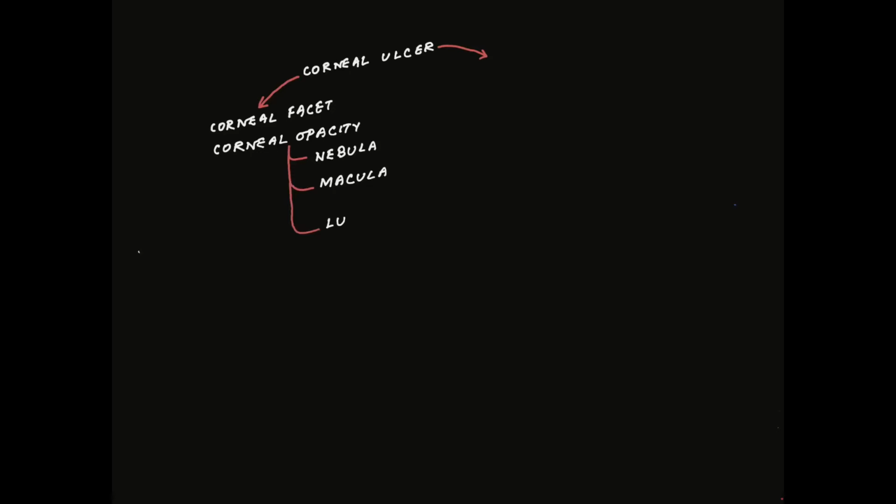Let us summarize everything. In a corneal ulcer with a favorable prognosis, we can see a corneal facet. A facet is actually a small depression, almost transparent. This is a sign of previous corneal ulcer, or it may go into a corneal opacity. There are three grades of corneal opacity which are called corneal nebula, corneal macula and corneal leucoma.